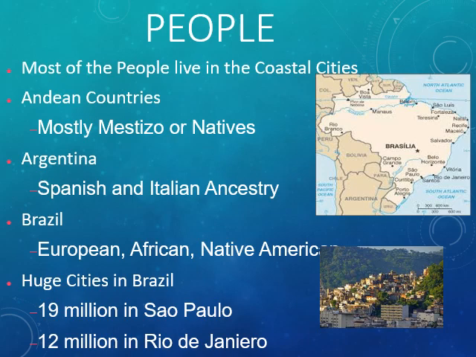And so both of these are bigger than any city in America or Canada. You know, Sao Paulo is bigger than Mexico City, but Mexico City is bigger than Rio. So of all the cities we've talked about, Sao Paulo is the largest one so far.